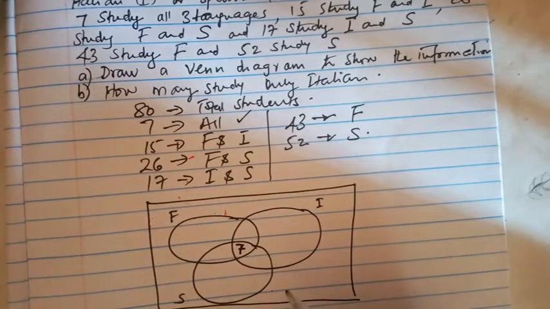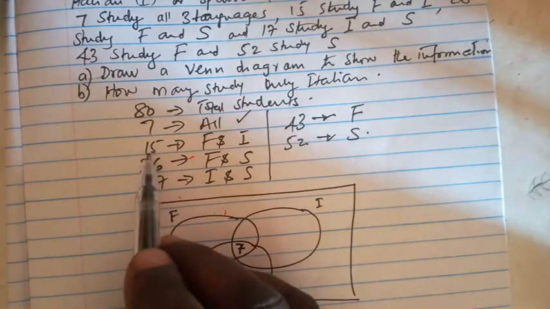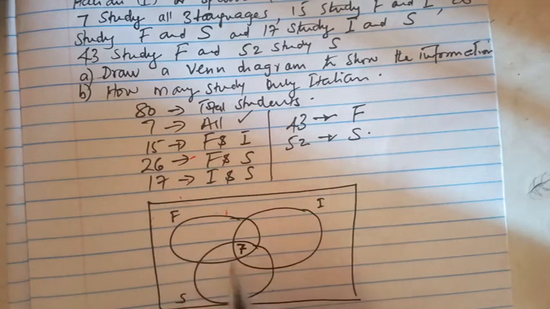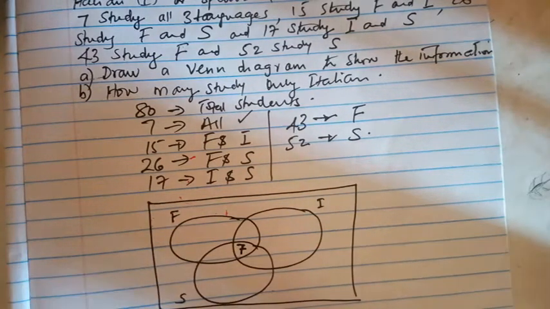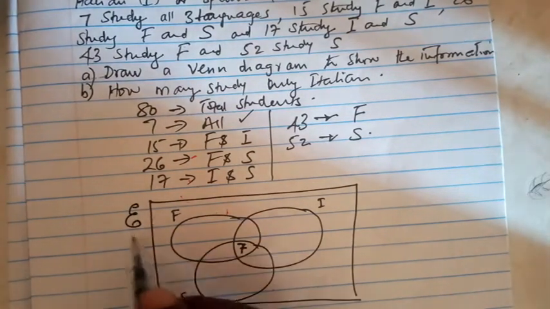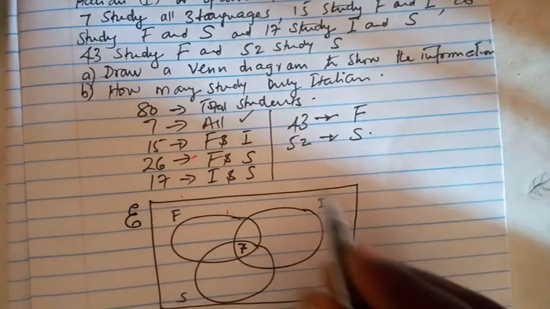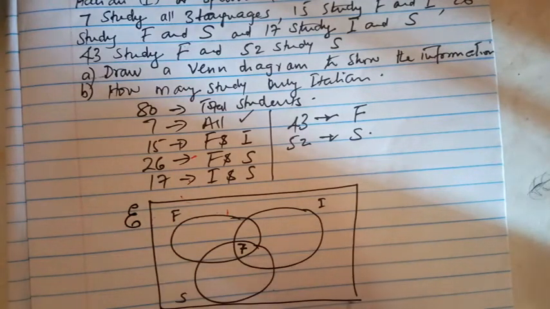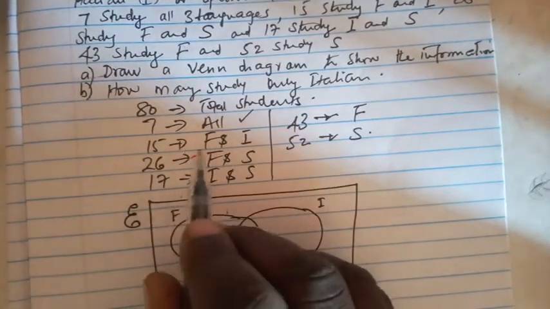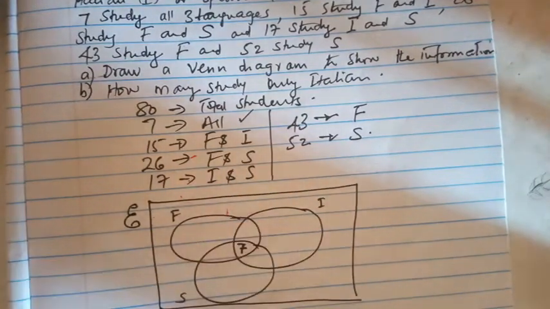What we need to know is that we understand every piece of this information as we substitute and interpret it in the Venn diagram. This is now the Venn diagram showing our universal members. Everything discussed in this question is in the universal set. Let's go down to this statement. 15 are doing French and Italian.